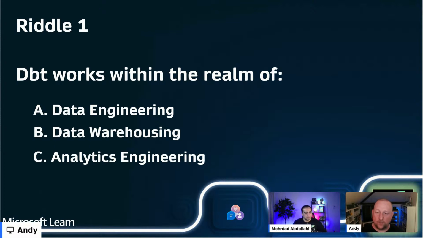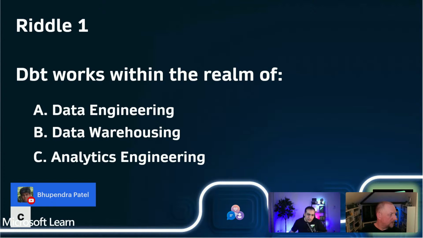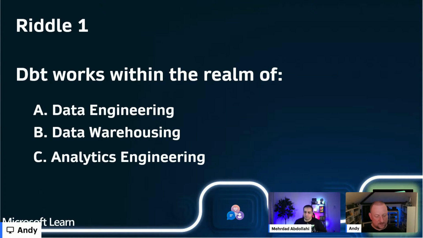Okay. So riddle 1: DBT works within the realm of data engineering, data warehousing, or analytics engineering. So is anyone coming through with an answer? Yes, it's C, analytics engineering.